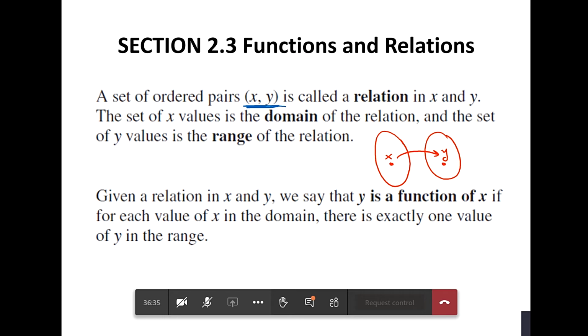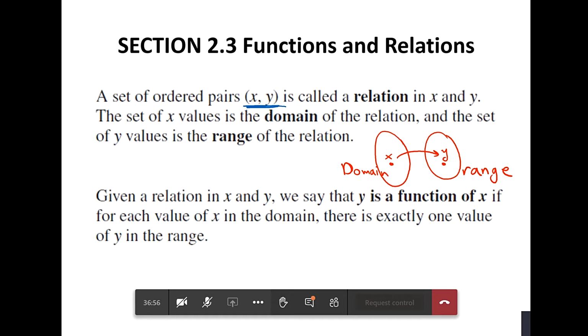All the values of x are called the domain, and the values of y are called the range.